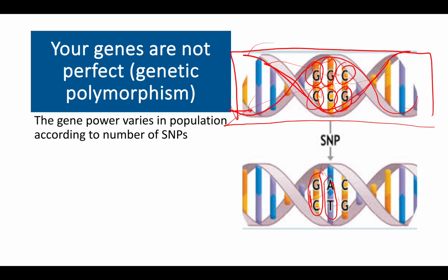sometimes a pair of these bases becomes replaced. Instead of G, C, it becomes A and T. This changes the strength of the gene.